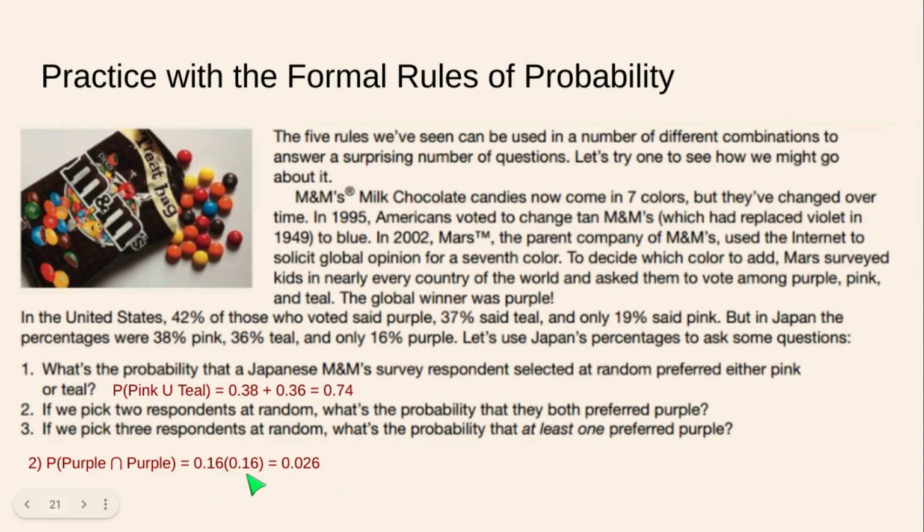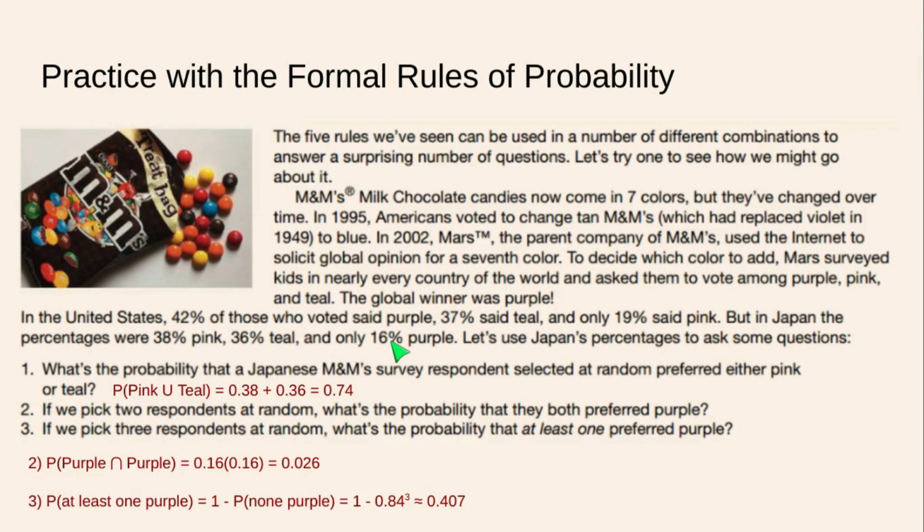And finally, if we pick 3 respondents at random, the probability at least one prefers purple is 1 minus the probability that none want purple. And the probability of none wanting purple, which would be the probability of not purple, well, if 16% of people prefer purple, that means 84% of people chose something other than purple, whether pink or teal, or since these probabilities add to 90%, I guess 10% of people just didn't care.